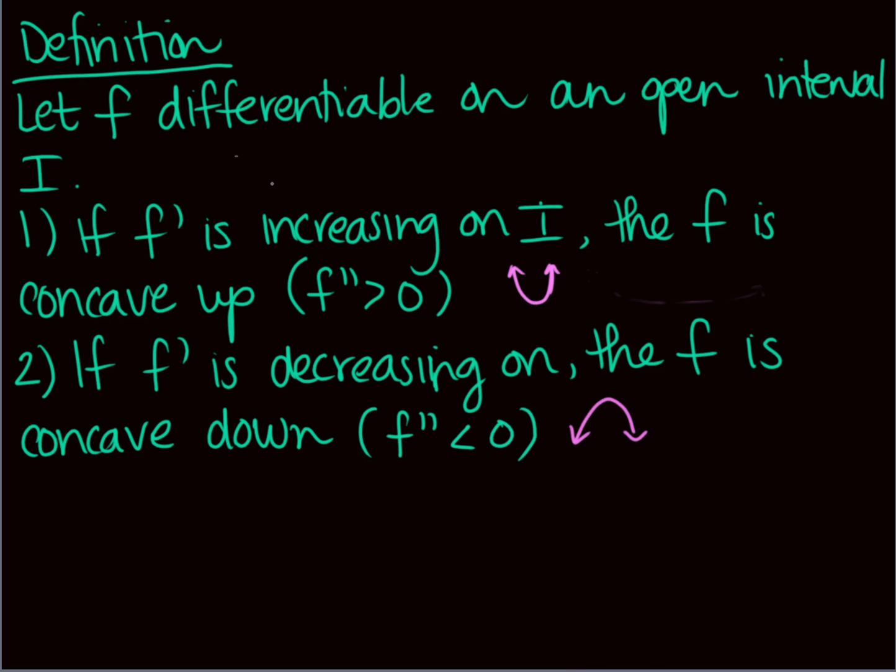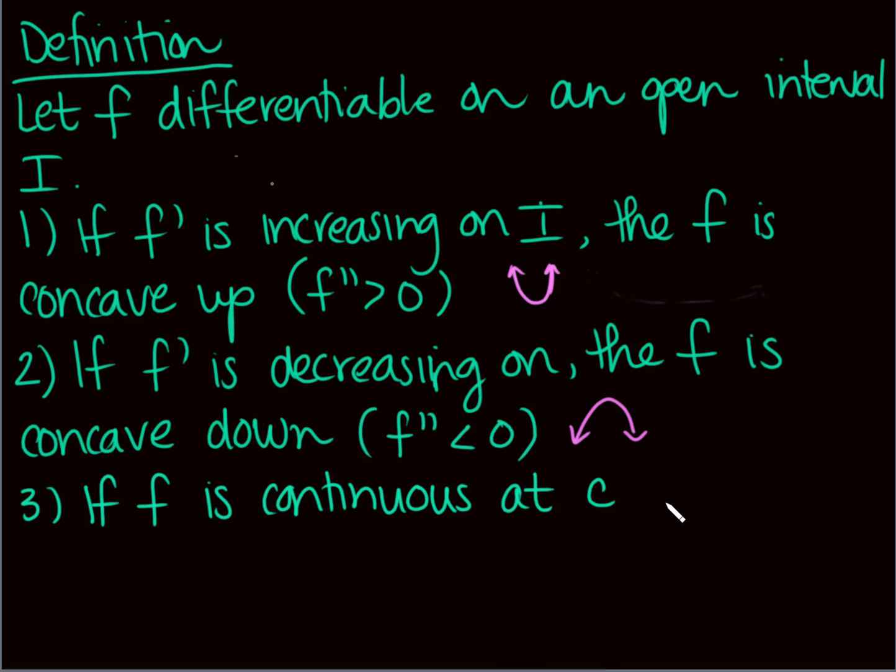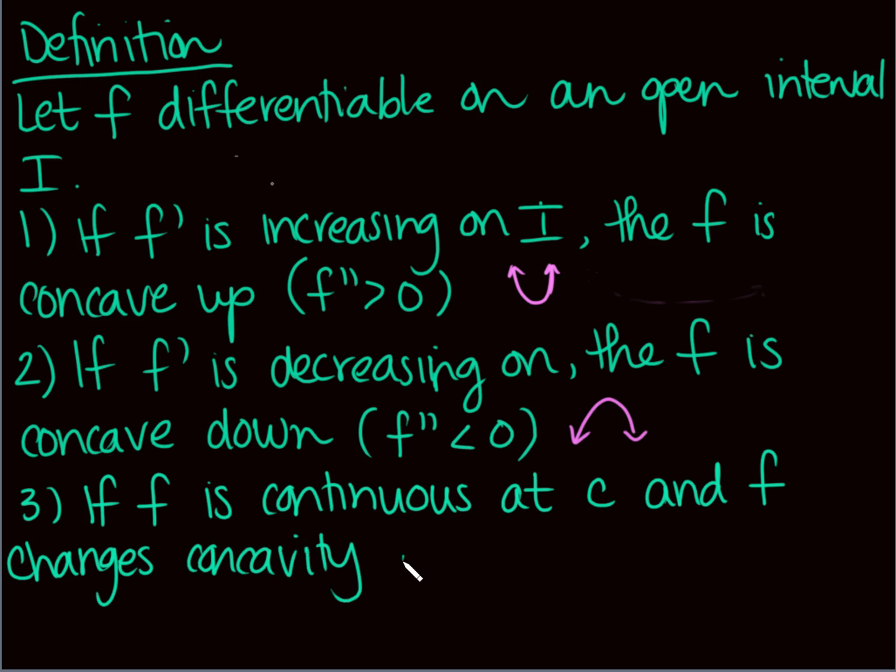And then one other definition, let's talk about inflection points. If f is continuous at some value c, and f changes concavity at c, that continuous part is actually pretty important.